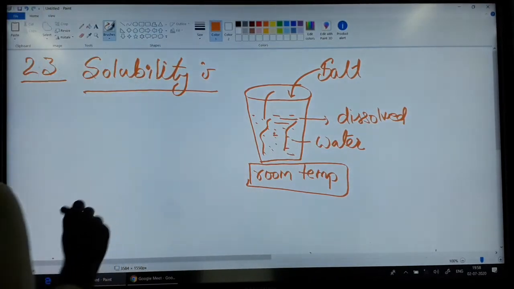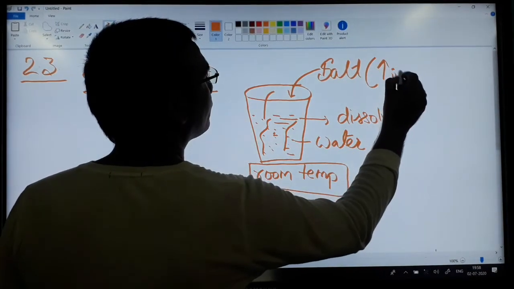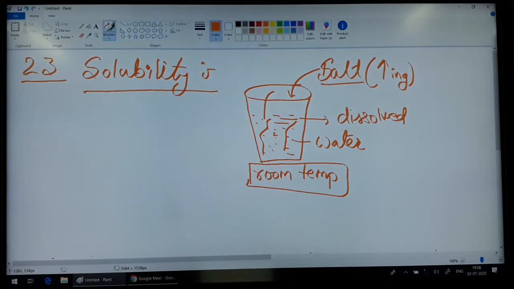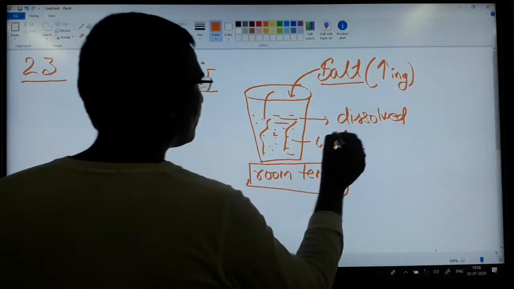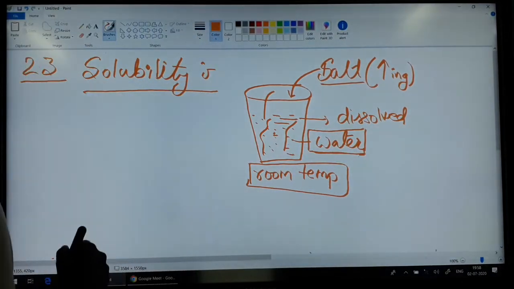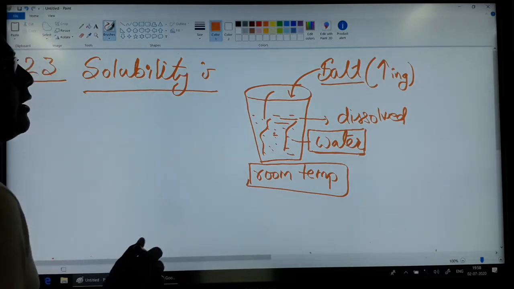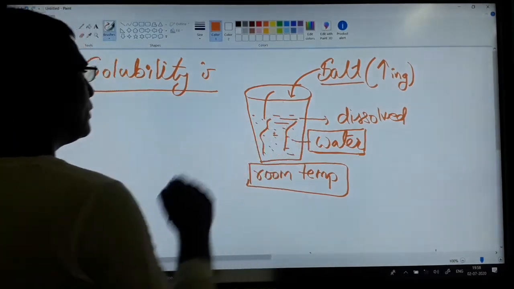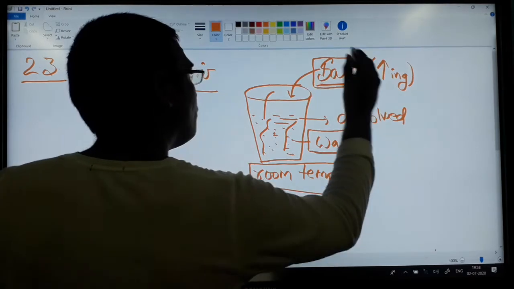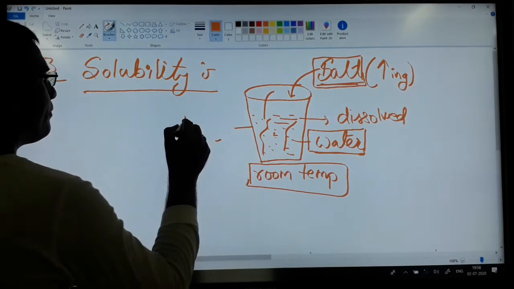Now, if we are increasing the amount of salt in the given amount of water, then after some time a stage is reached where we are unable to dissolve more salt in the water present in this glass tumbler.